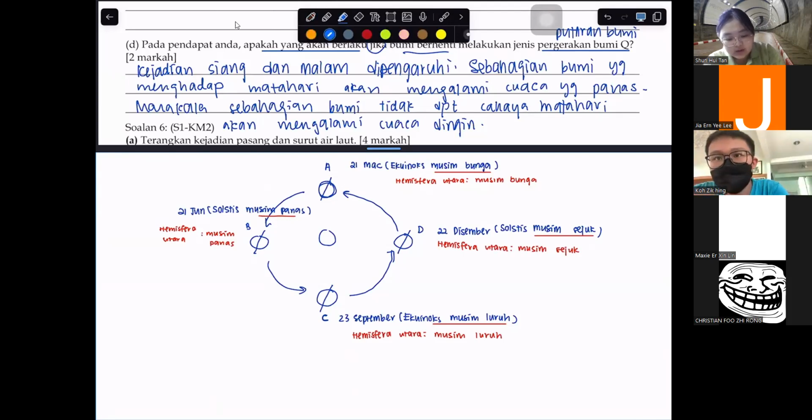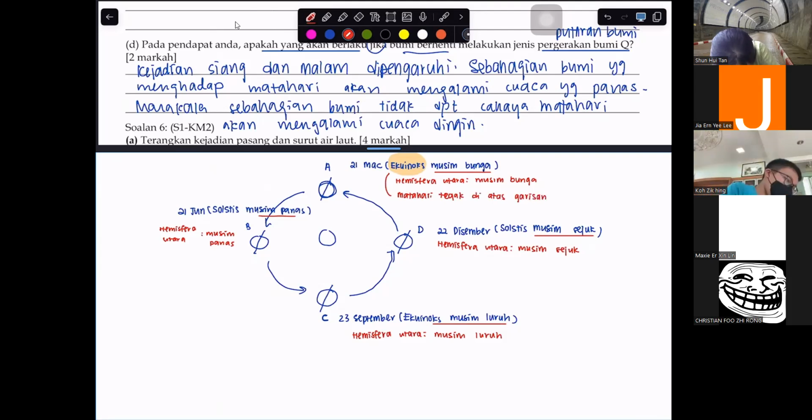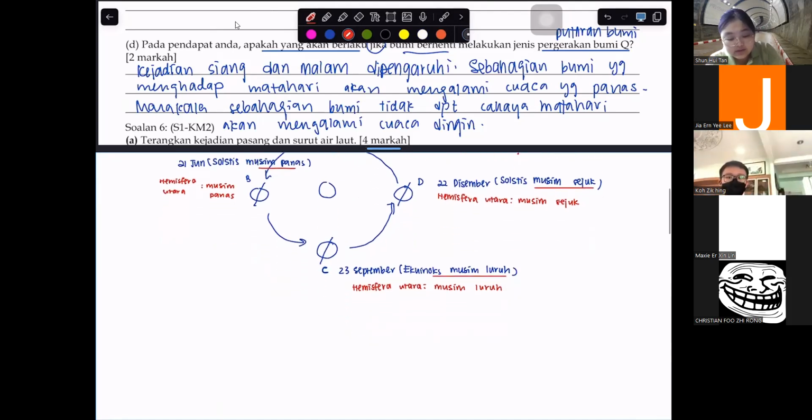Now, let's come back to here. Why is the name equinox? Equal, right? It means your sunlight, matahari, shines tegak di atas garisan khatulistiwa, because equinox, equal, equator. That's why you will realize September also starts with the word equinox.